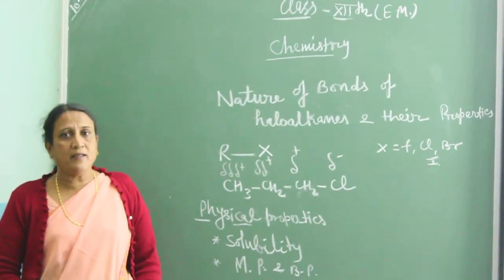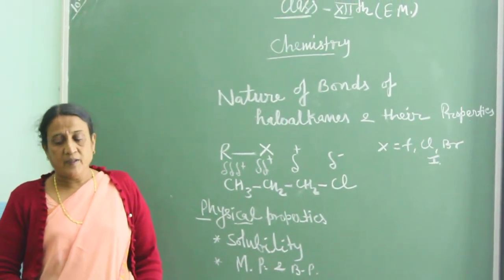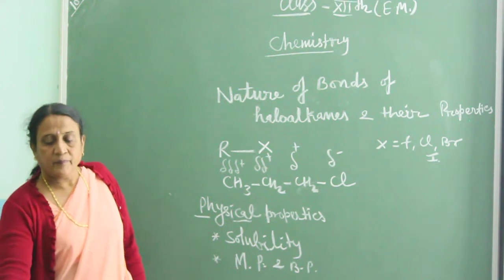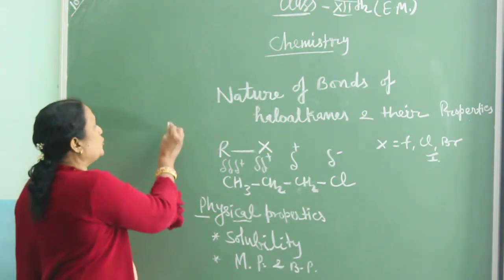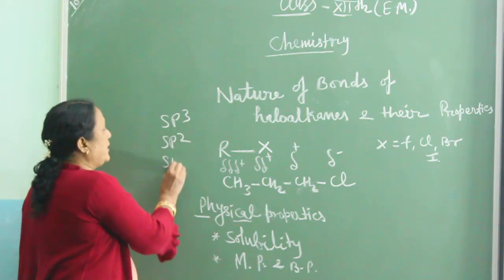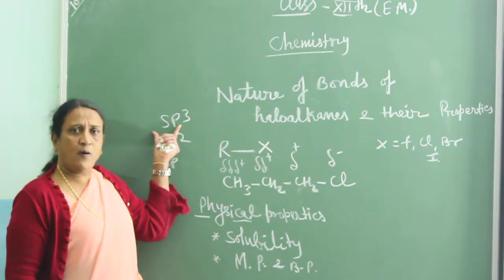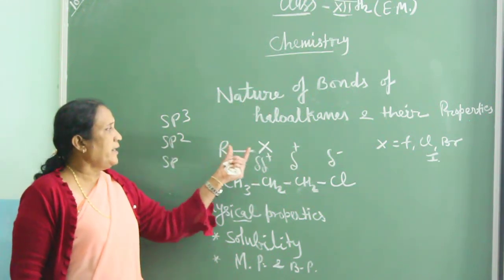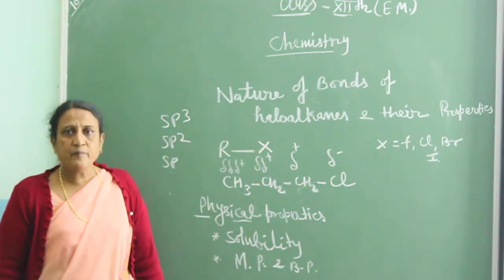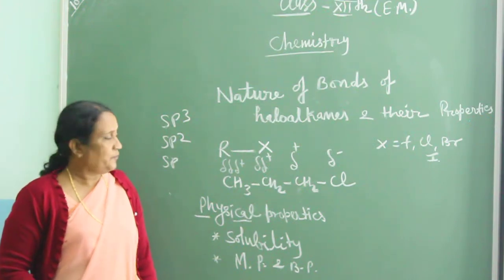We know very well all organic compounds have covalency, and mostly when covalent bonds are formed, carbon participates in sp3, sp2 and sp hybridization. When single bonds are formed between carbon and other elements or between carbon atoms, carbon participates in sp3 hybridization.